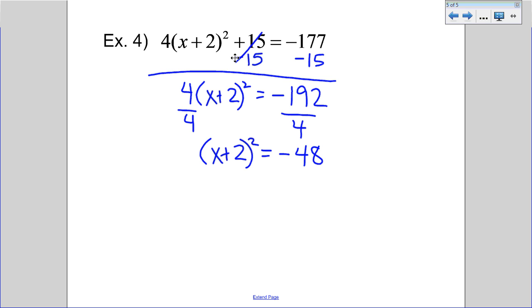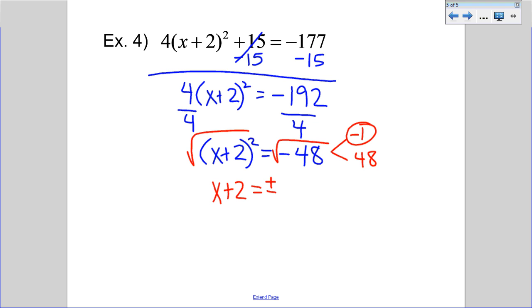I now have to take the square root of both sides. So I have x plus 2 equals, we took the square root, so we're going to put plus or minus. And then we have negative 1 times 48. Negative 1 is going to be circled, and then we keep breaking this down. This is 3 times 16, and then 4 times 4.